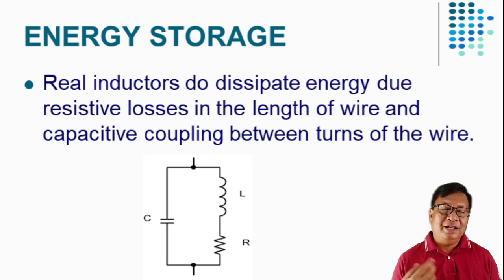That is for real inductors, no. Pero kung i-consider natin na ideal, walang resistance, walang capacitance, purely inductance lang po yon. Pero sa reality, mayroon po itong tatlo: the presence of resistance and the presence of capacitance for this inductance.